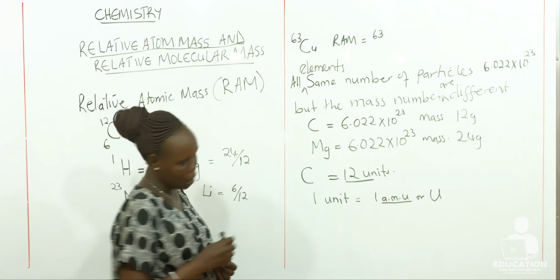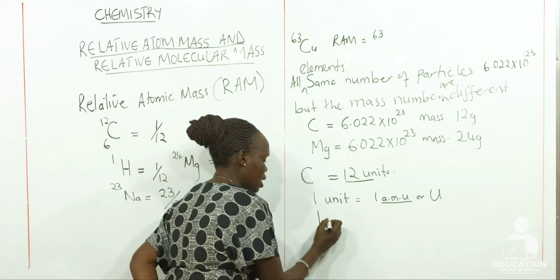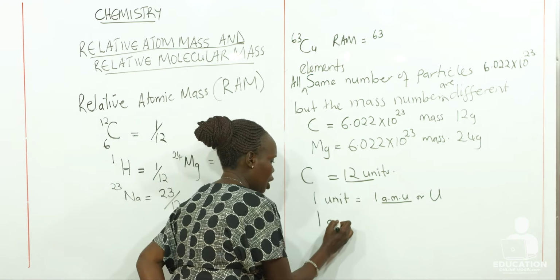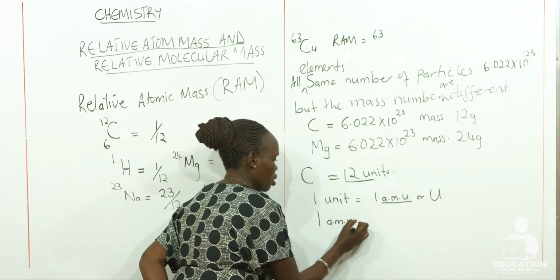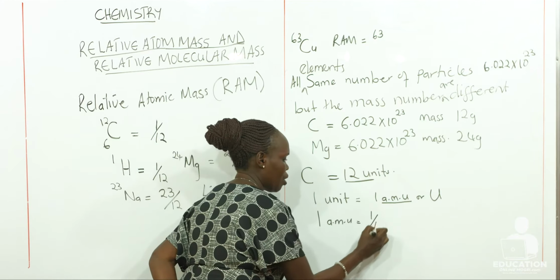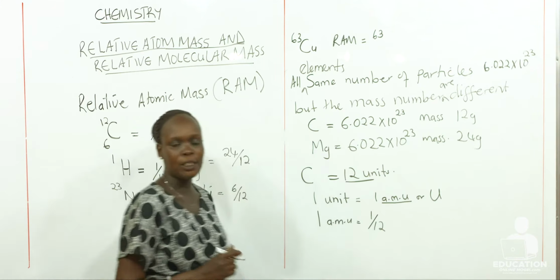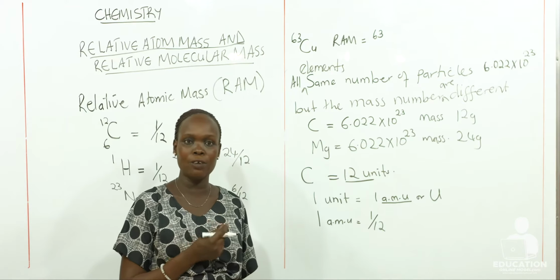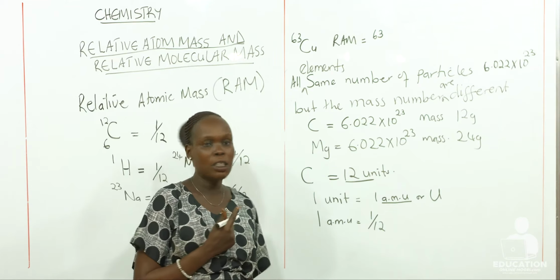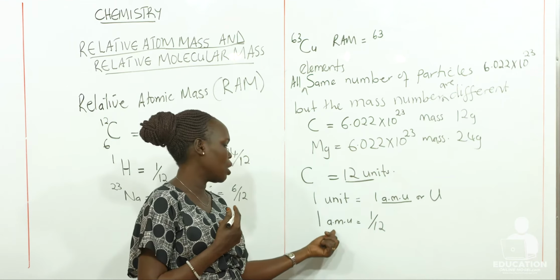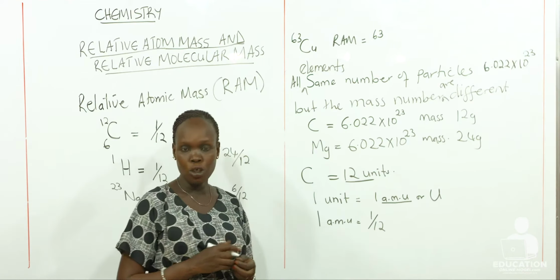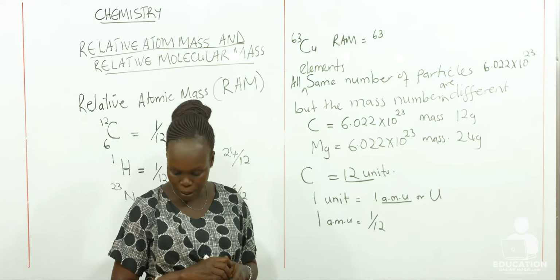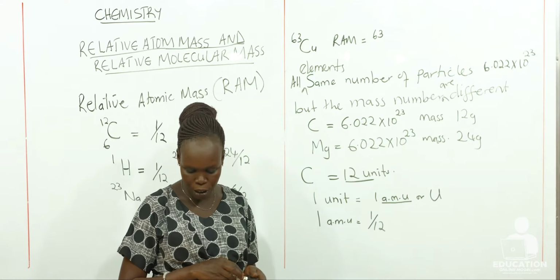So here when we say 1 AMU, we are saying 1 out of 12 parts of carbon, 1 is taken out. So 1 unit has been taken out, and we refer to 1 unit of this element or atom to be AMU, and this is the unit for representing the relative atomic mass.